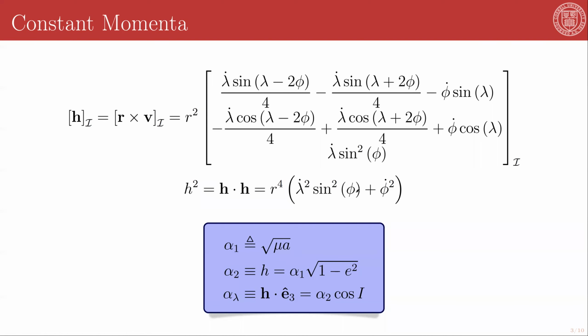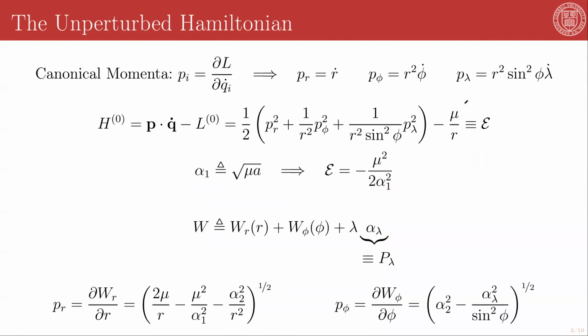As a final step here, recall that p sub lambda is r squared sine squared phi lambda dot, and because of the cyclic nature of lambda, this lowercase p sub lambda is the same as alpha lambda is the same as uppercase P sub lambda.